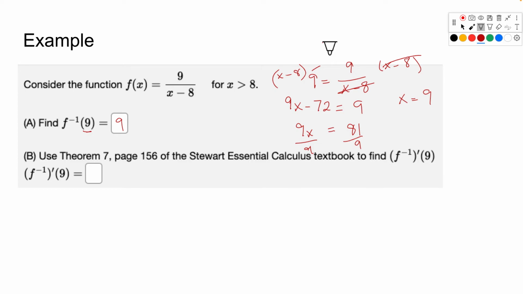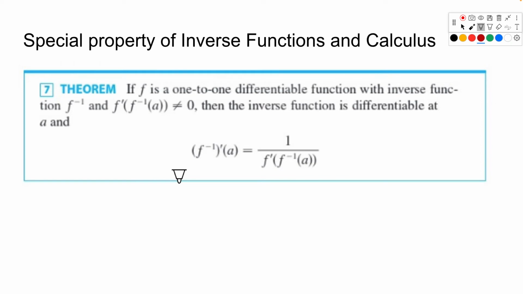The second part they do is they ask us to use this theorem 7 from page 156, which is the one I had on the previous page. That's this theorem. I didn't list it, but if you looked in the book, that's what they want you to do. Okay, so what we found out is the inverse at 9 is 9.